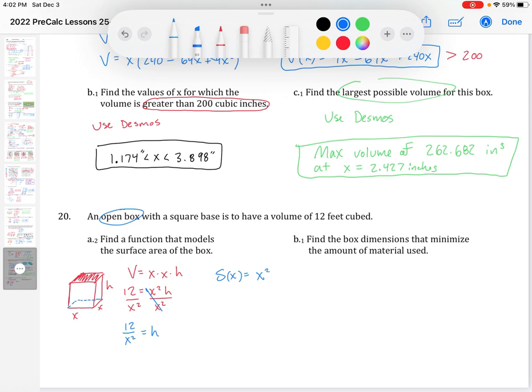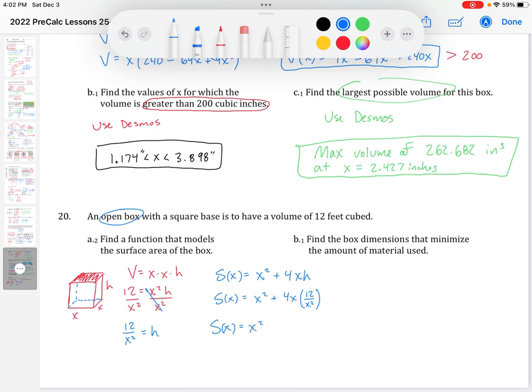So that's the bottom. And then I have these four sides. If you think of this as being one side and then the front as being side 2 and then this side on the right and then the back. You have four sides that are x by h. But we're not going to use h, we're going to use this. Okay, so my surface area in terms of x is x squared plus 4x times 12 divided by x squared.